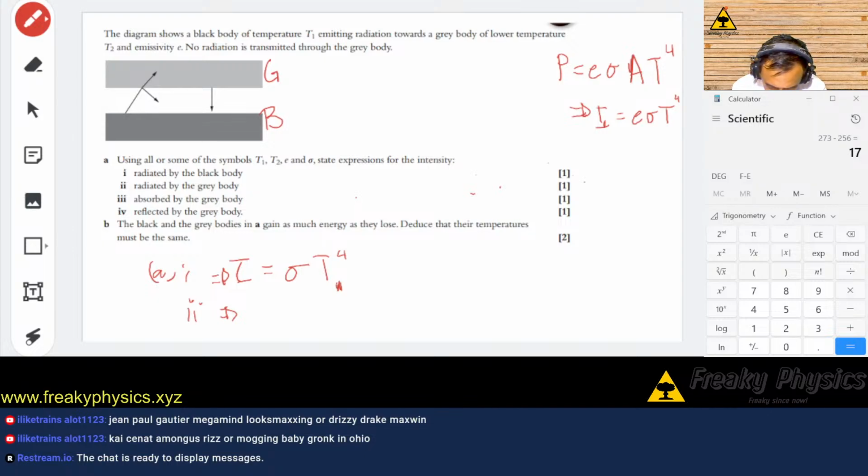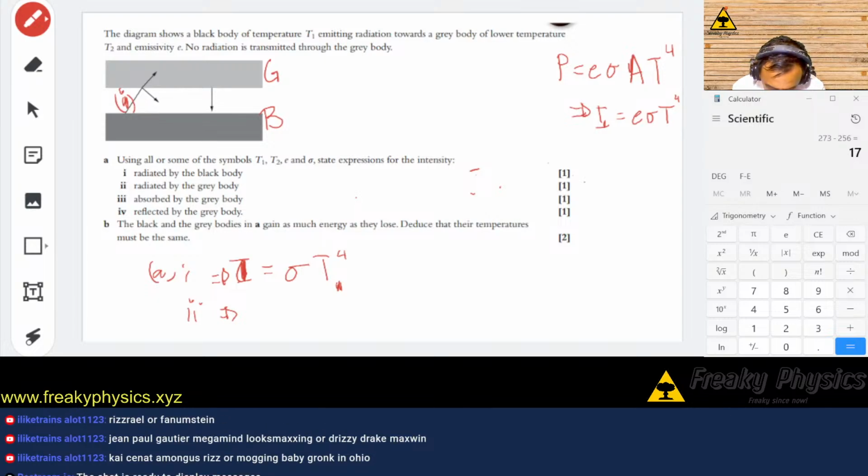So which one are we referring to for part 2? So this is part 1, right? Which one is part 2? Part two is the one you said. Okay, the third one. This one. Yeah, this is part 2, correct. And absorbed by the gray body is the one that goes through. Okay, so this is part 3, right? And therefore this is part 4.